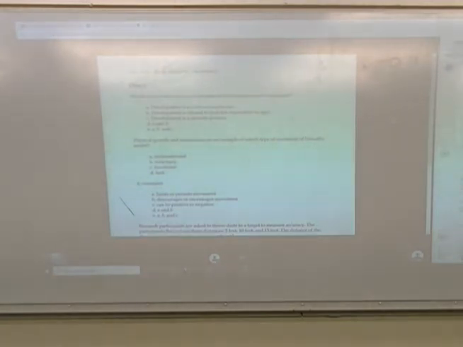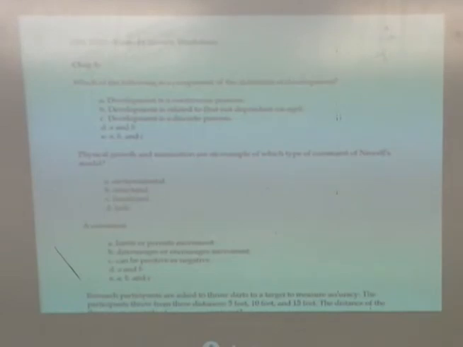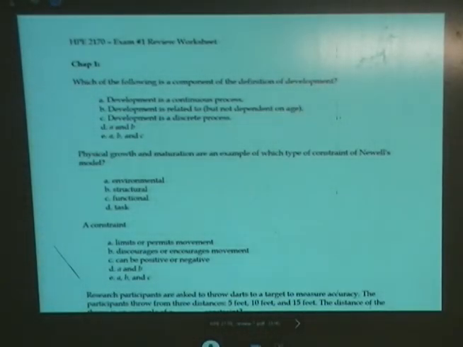All right. So these are the types of questions that would be on the exam. Remember that you've got your video clips at the website to help you look at development and growth and the impact of those on movement skills.